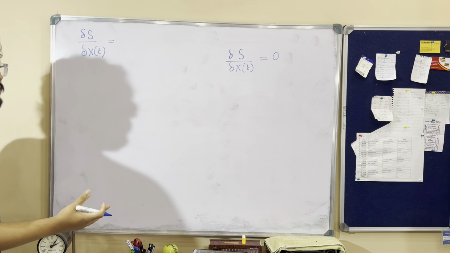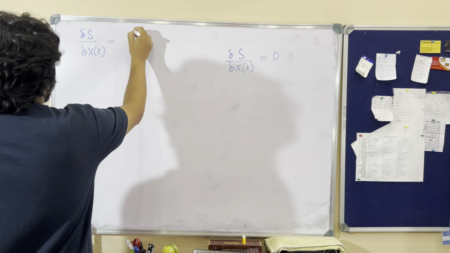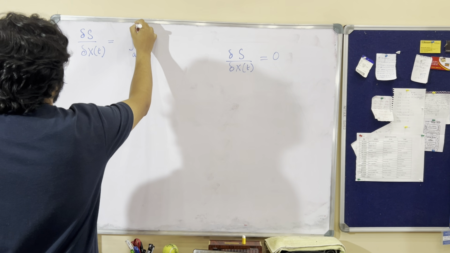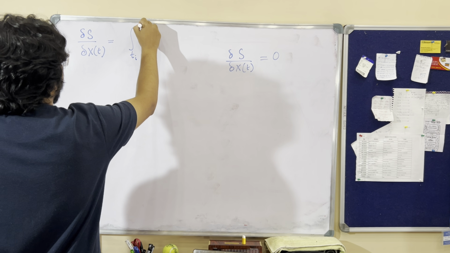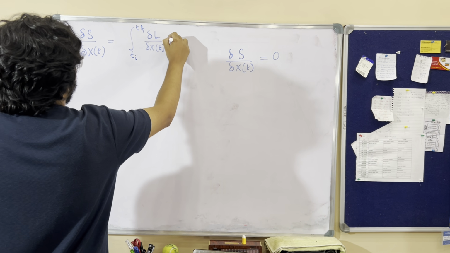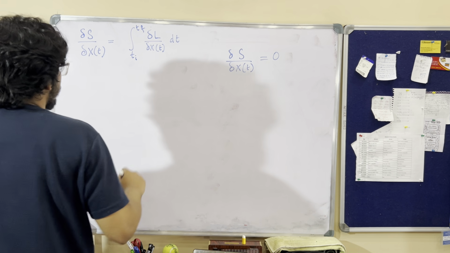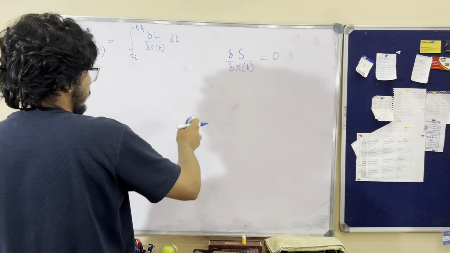As S is equal to just integration of L with respect to time, so this will be from some point A, or let me write Ti, initial time to final time, this thing. And later we will set it equal to 0 to get the expression.